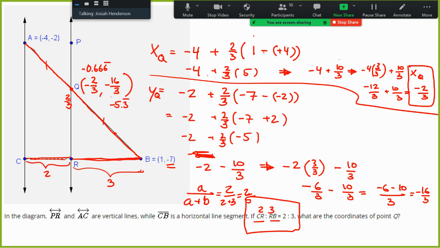So be aware of that when you're doing this tomorrow or later today if you do the test early. A over A plus B. So the process is correct. I just used an incorrect fraction for my formula. Should have been A over A plus B. So be aware of that when you're doing yours as well.